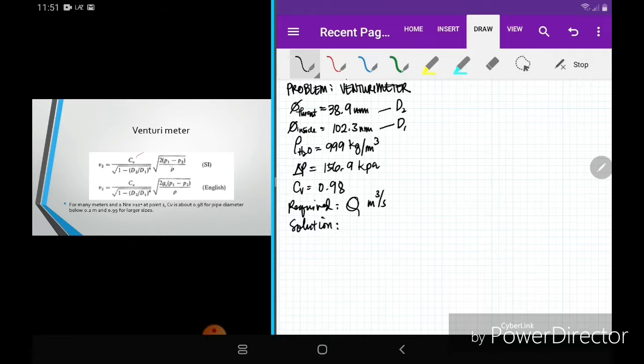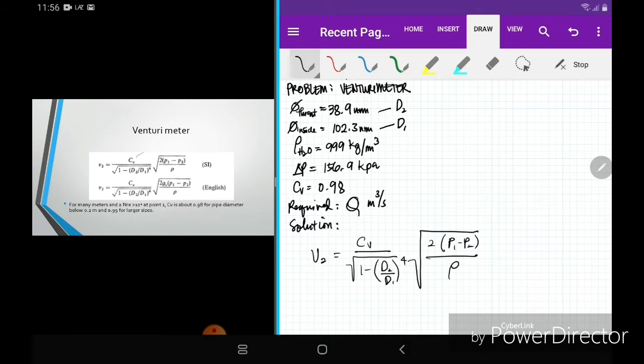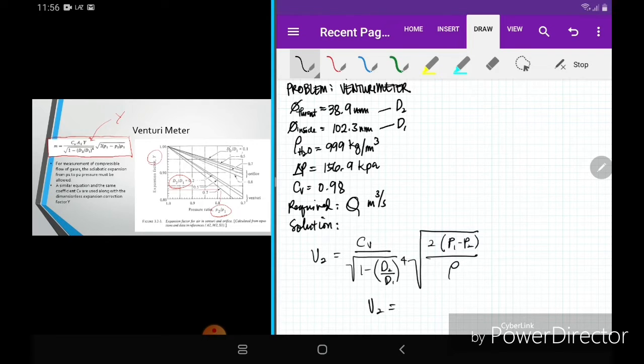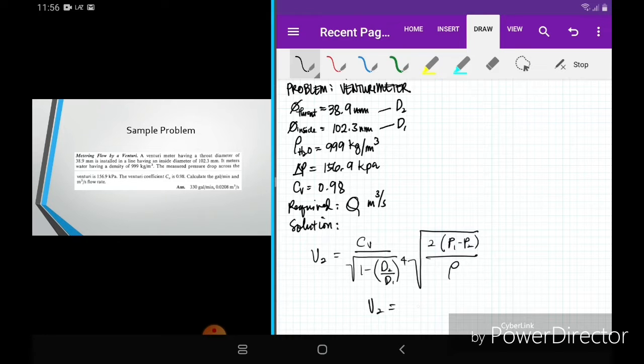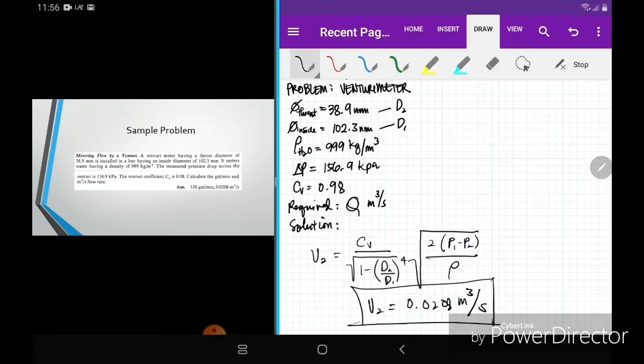Tapos, meron din tayong pressure drop, which is 156.9 kilopascal. Then, your V sub 2 is equivalent to around 0.0208 meter per second. Sorry. This is still meter per seconds pa lang pala.